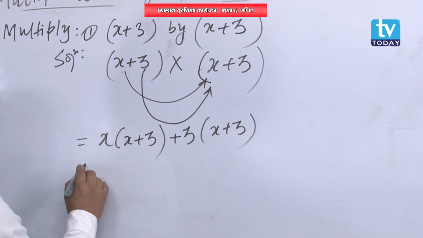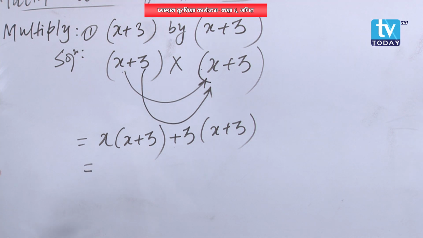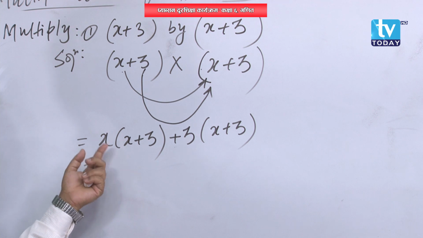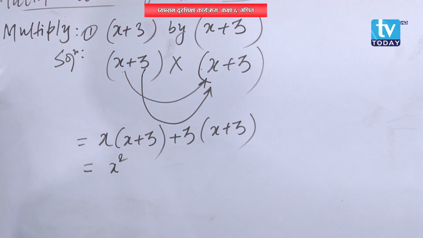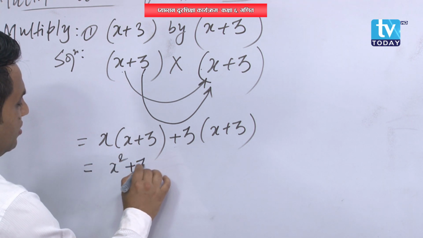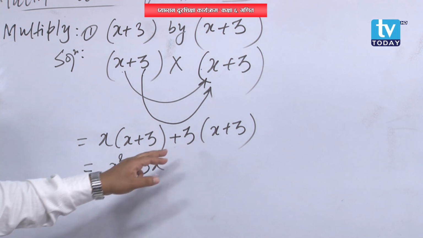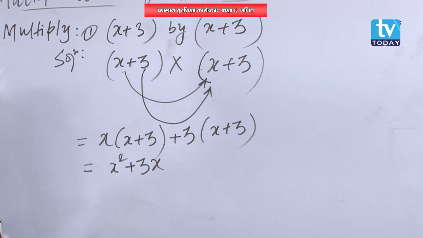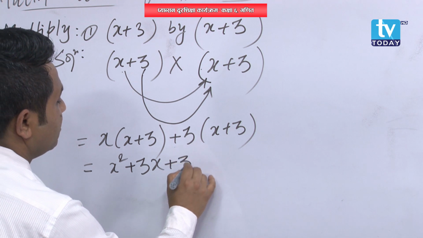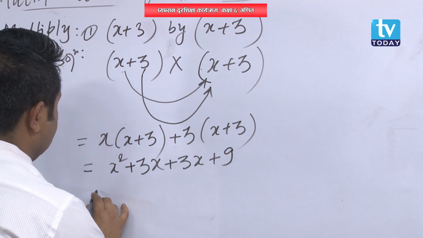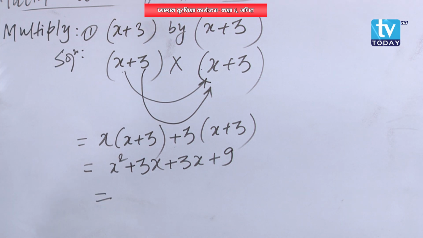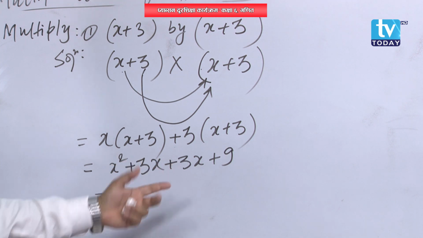So directly you can write, as you have done multiplication many times: x into x will be x square, plus into plus, here it will be plus 3x, again plus into plus, 3 into x will be 3x, plus 3 threes are 9. Is that clear? Again there are like terms, 3x plus 3x, you can write over here.